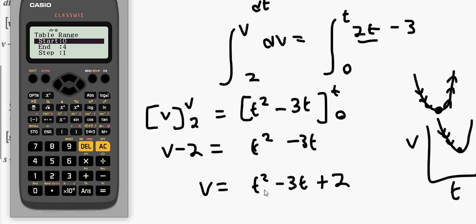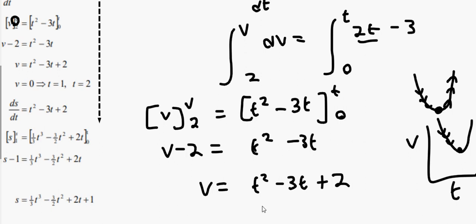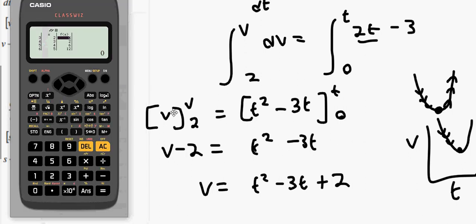So I'll go 0 to 25 even, and I'll just have a quick look. It hits 0, and then it rises forever. The velocity is never negative, is it? Well, it could be negative between 1 and 2.